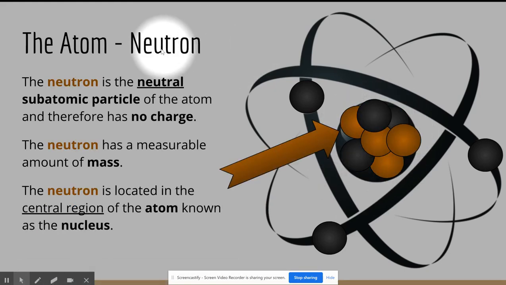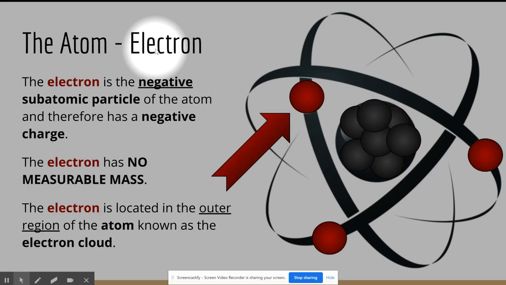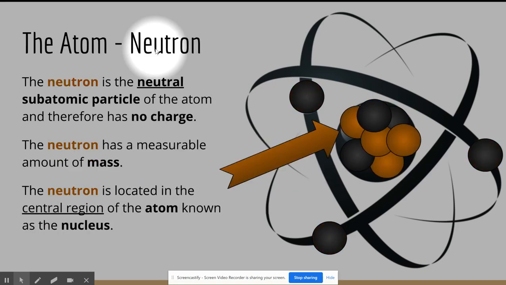Next one, the neutron. We're going to hint on this in physical science just a little bit. We're really more focused on the protons and the electrons, but while we're talking about the subatomic particles, we are going to have to talk about the neutrons. The neutrons are the neutral subatomic particle of the atom and therefore have no charge. So neutral, neutron, no charge.